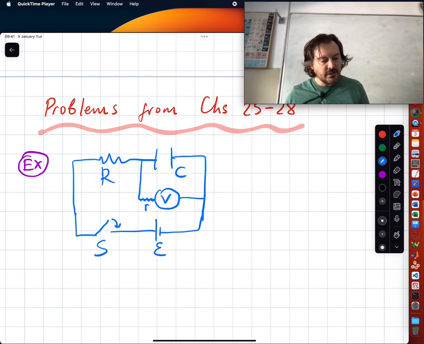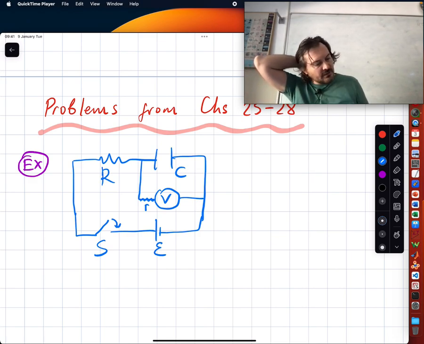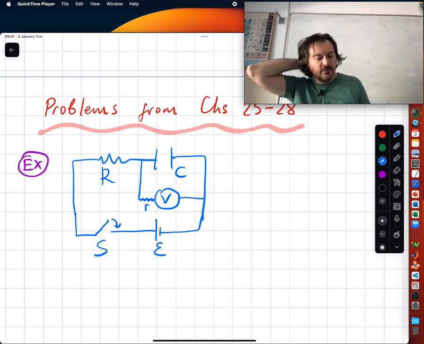Because the meter has finite resistance, part of the current supplied by the battery passes through the meter. Given that the capacitor is uncharged at t equals 0, what is the reading of the voltmeter at t equals 0?